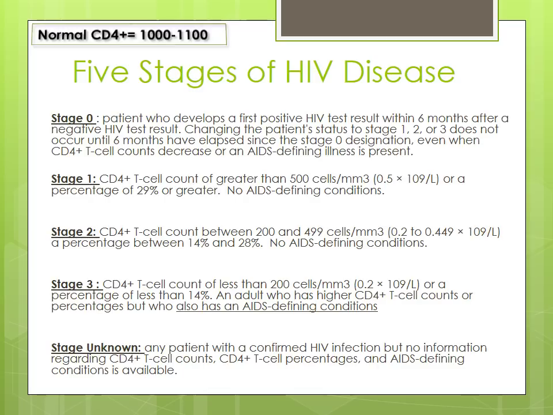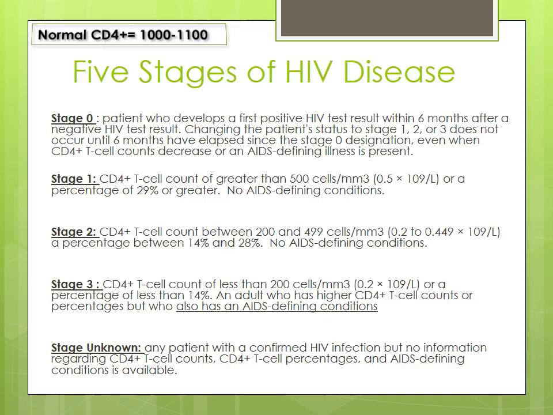So stage 0 is for patients that were just diagnosed. It's after they've had a negative HIV test in the past, they've had their first positive HIV test, and it's for the first 6 months. So anyone, even if they meet the criteria for stage 3, they have to start at stage 0 for 6 months.